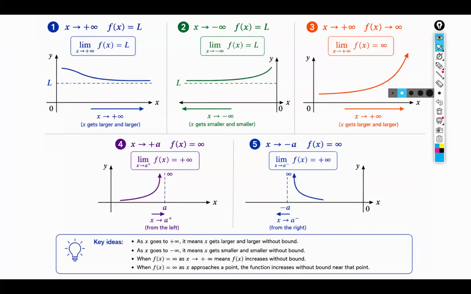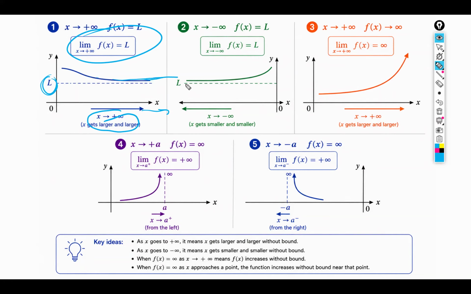Right? For example, here, when x limits to infinity, my f(x) limits to this L. When x gets closer and closer to plus infinity, my f(x) is getting closer and closer to L, from the positive side.